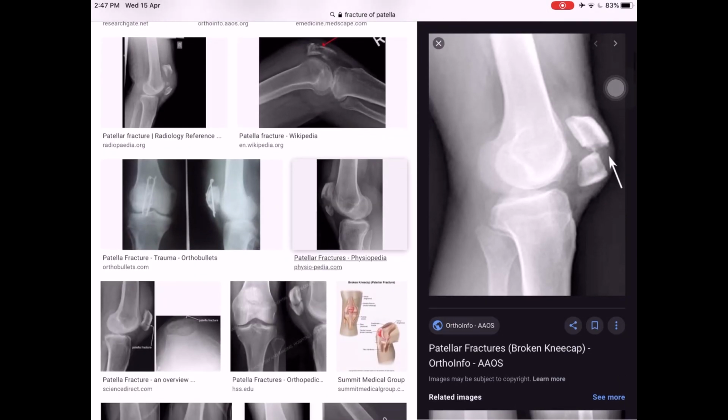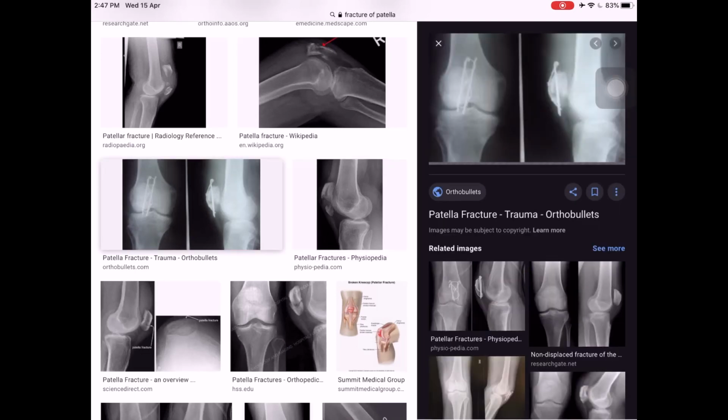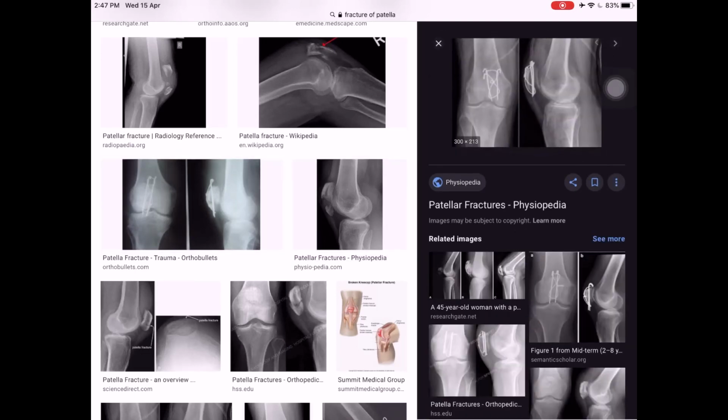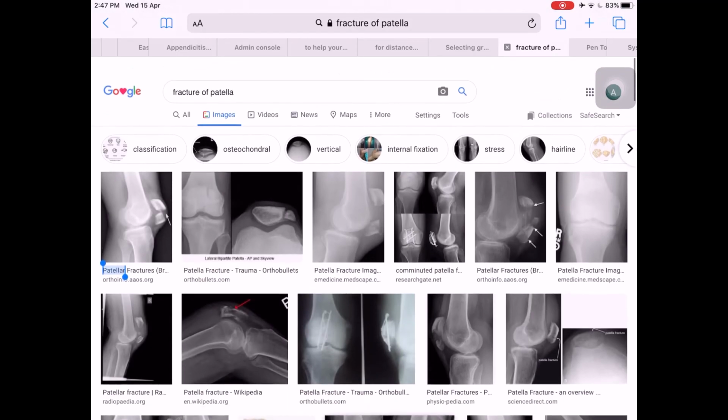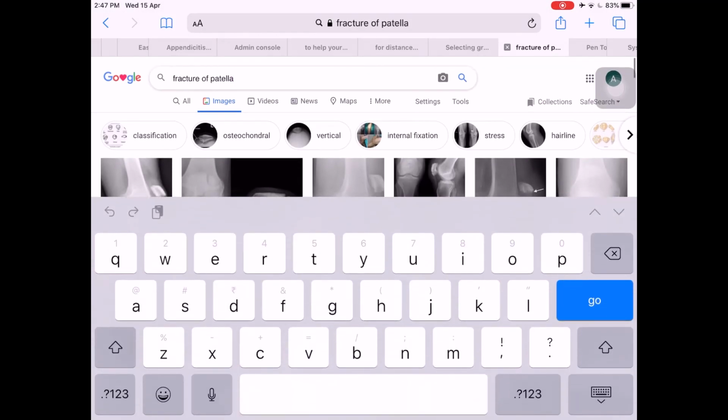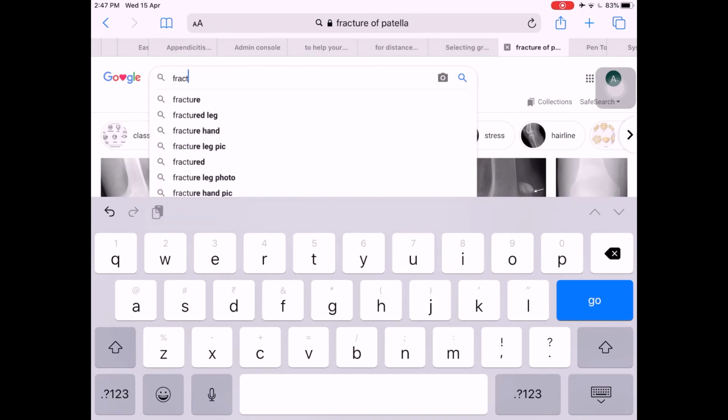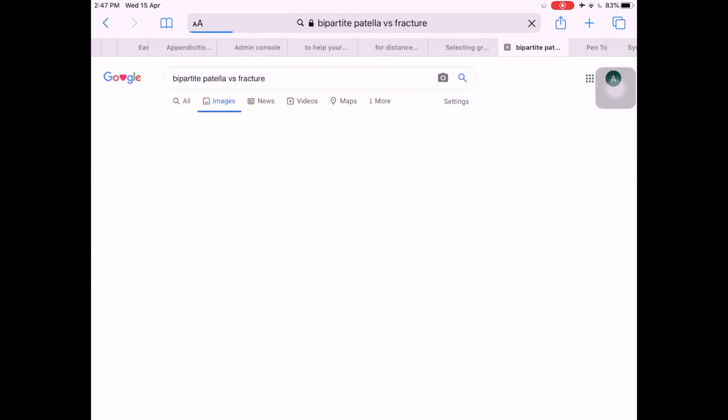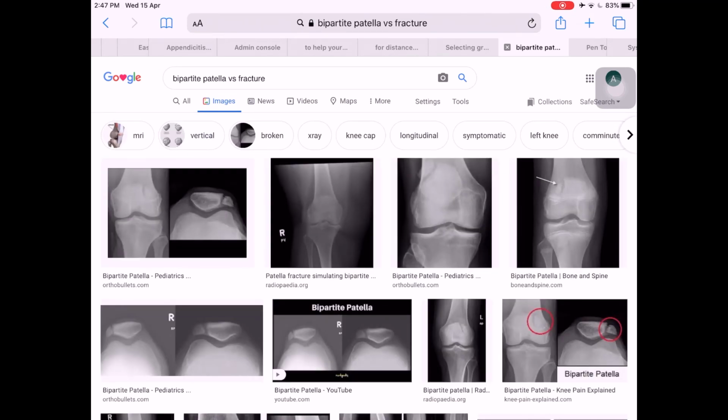And the treatment part, I told you, because of lack of periosteum it won't unite on its own. And finally we can even see the abnormal ossification giving rise to bipartite.